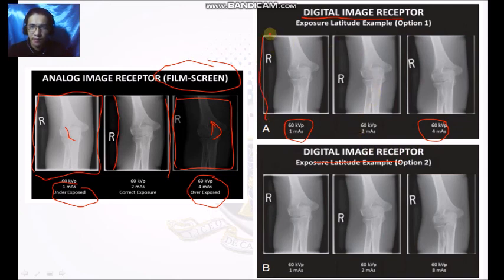Just imagine a very bright image and a very dark image; in the final image, they all appear the same, with the same density. That is the advantage. Even if your factor is too much or too low, repeat examination is not necessary.